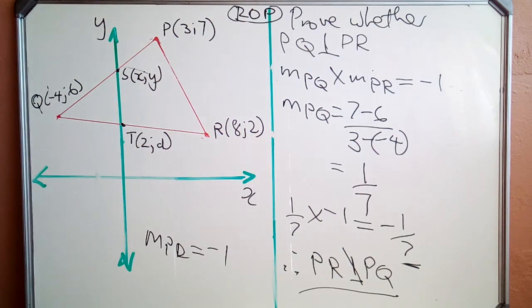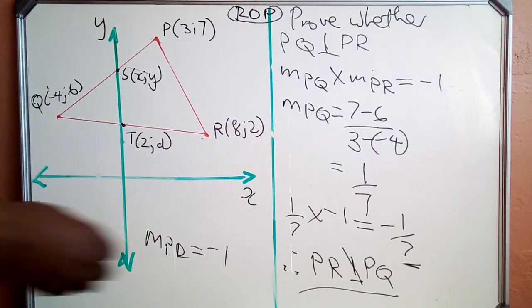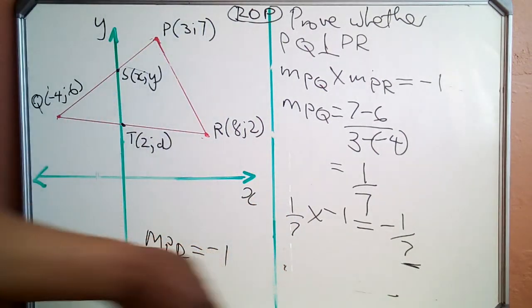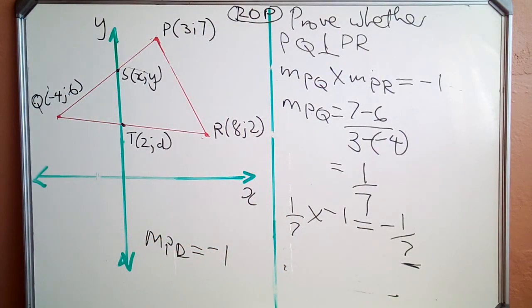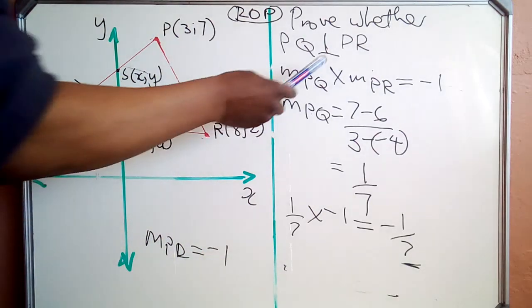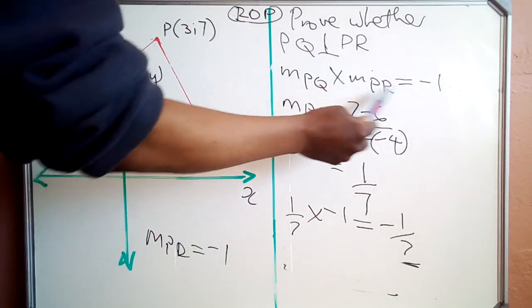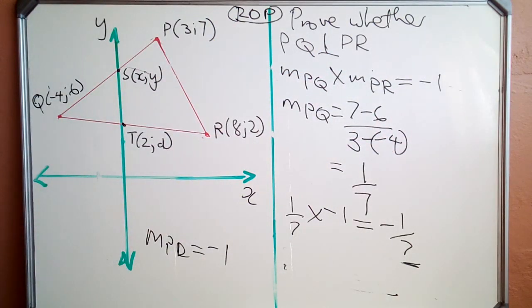So please always ensure that whenever you are to prove that, you must always make sure that the perpendicular gradients, when they are multiplied, their product will give you a negative 1.